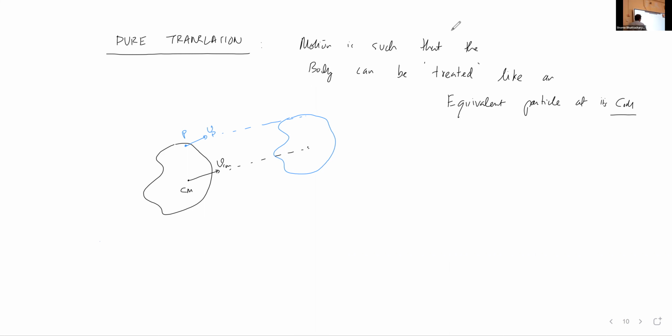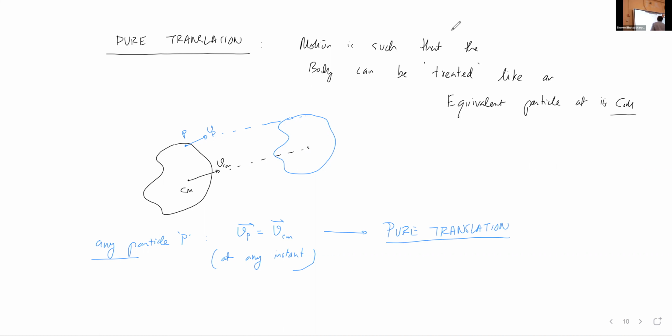Okay, so any particle P has a velocity such that it is equal to the velocity of the center of mass at any instant. So all particles have their identical motion. So that is called pure translation. Okay, so any particle at any point of time, at any instant, has an instantaneous velocity equal to the velocity of the center of mass. So that means there is pure translation.